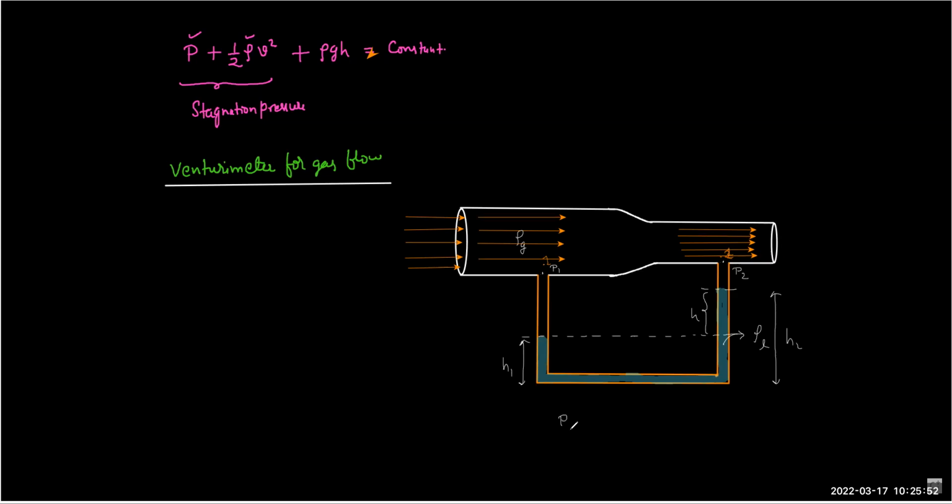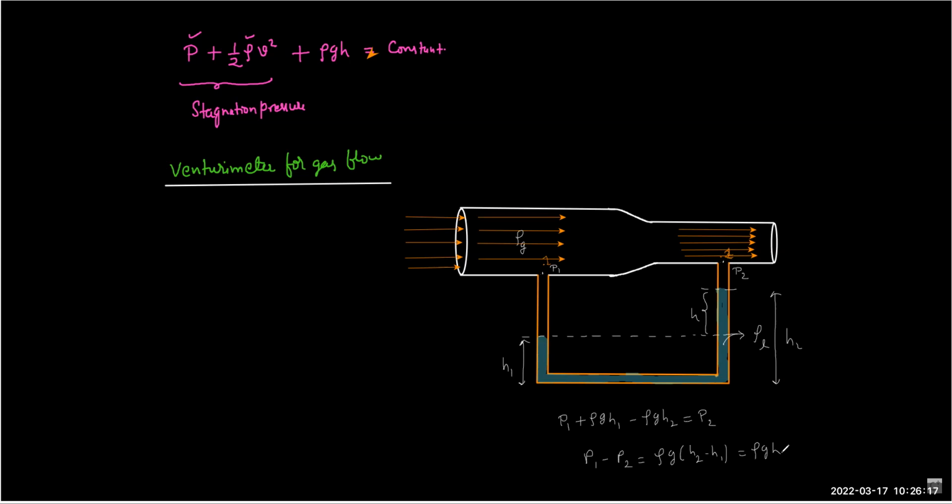So we can write P1 plus rho G H1 minus rho G H2 equals P2. And we have also realized that P1 is bigger than P2. So you can see the difference of pressure is automatically H2 minus H1, and therefore this is equal to rho G H.